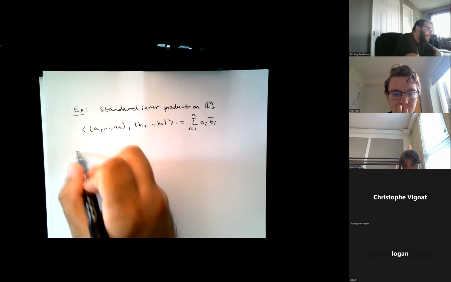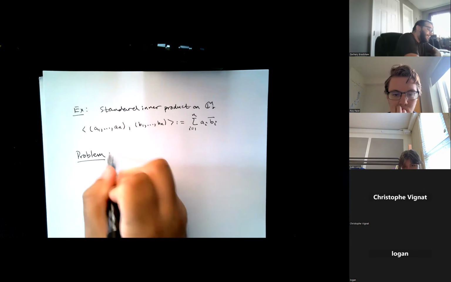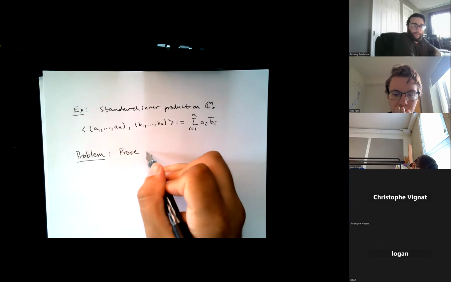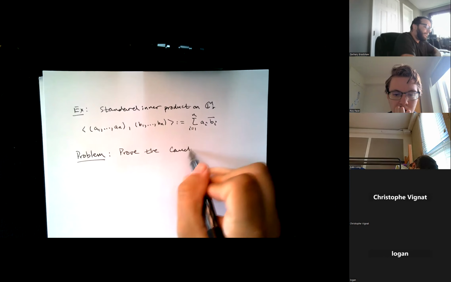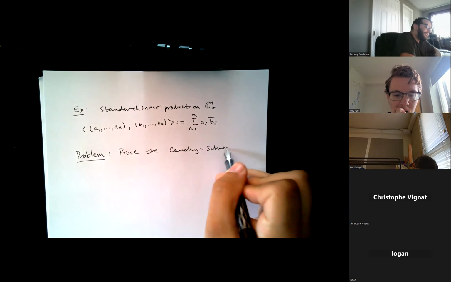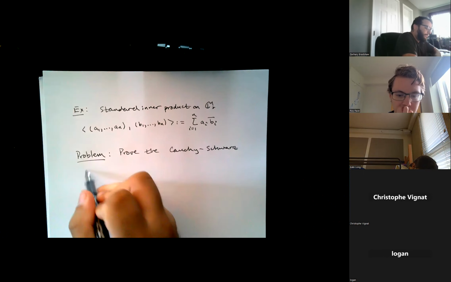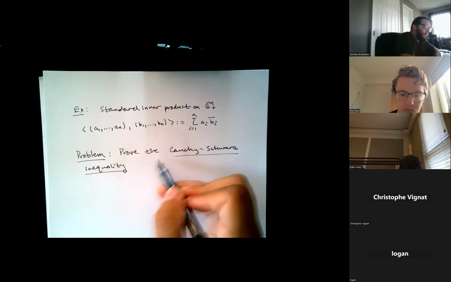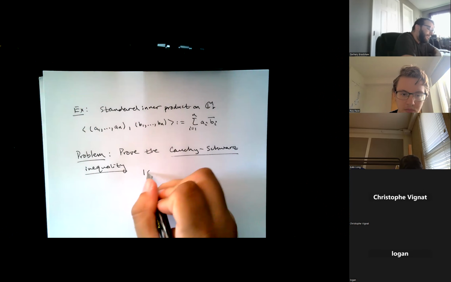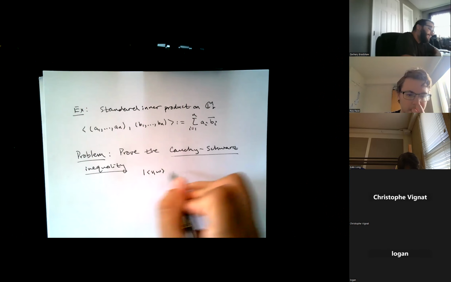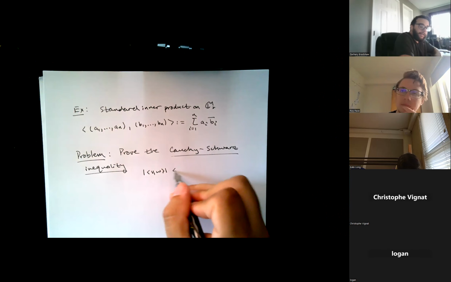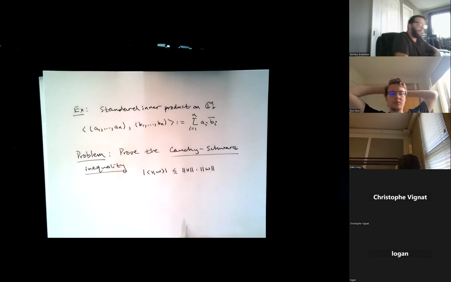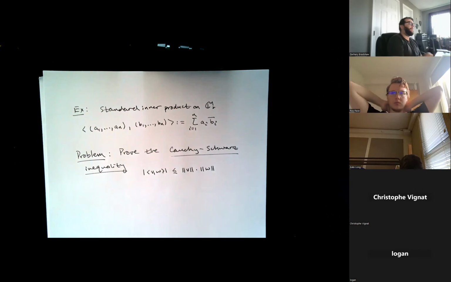And speaking of problems, here are a couple more that are important, but I don't have time to do; I think they would be nice exercises. The Cauchy-Schwarz inequality says that the magnitude of the inner product of v with w is less than or equal to the norm of v times the norm of w, where v and w are elements of a vector space.